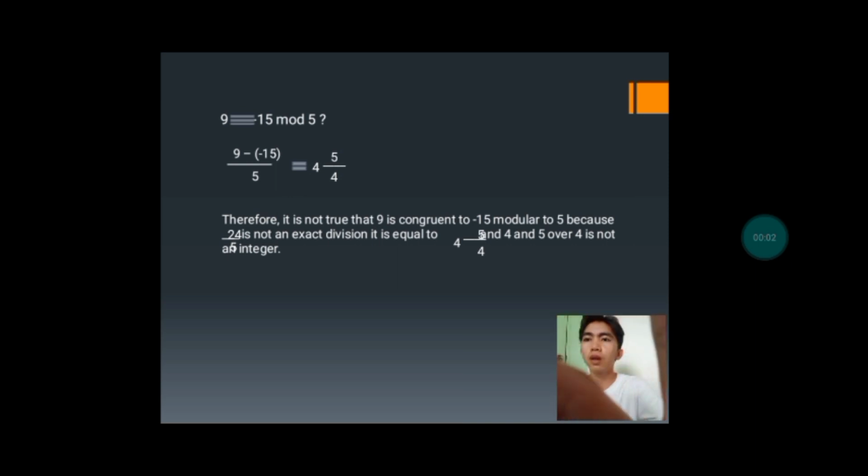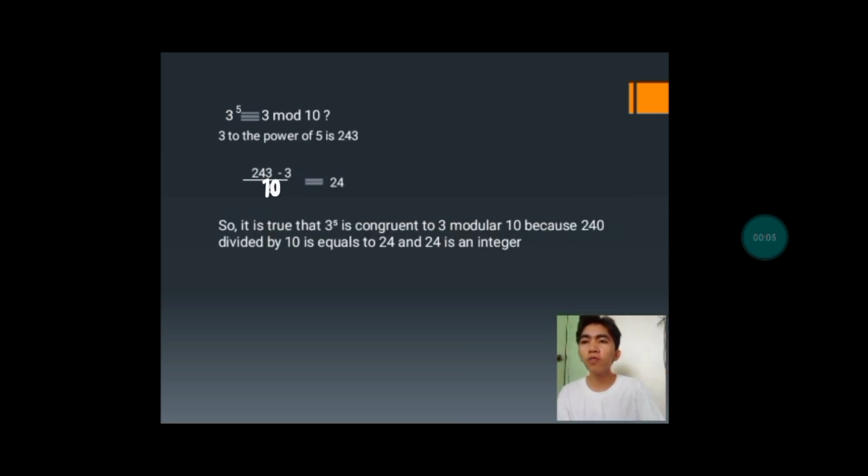Next example. 3 to the power of 5 is congruent to 3 modulo 10. First, we need to simplify 3 to the power of 5. We need to multiply 3 by itself five times. So, 3 times 3 is equal to 9. 9 times 3 is 27. 27 times 3 is 81. 81 times 3 is 243.